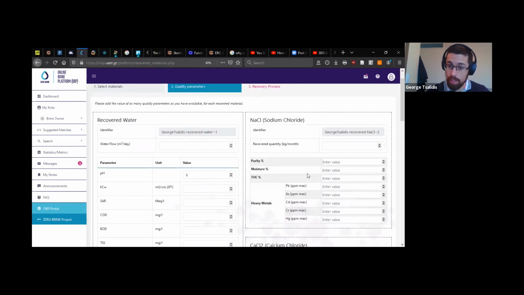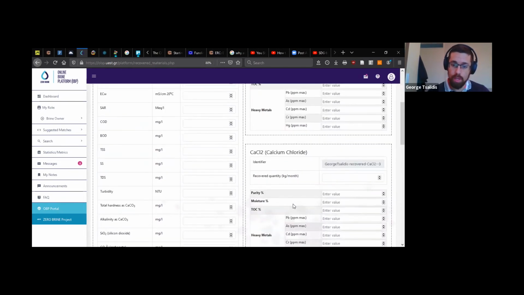And then for sodium chloride, let's say that I know the expected purity. Let's say the purity that I expect is 99.5 and the moisture content is 0.2%. And then for the rest, total organic carbon or heavy metals, I don't know.